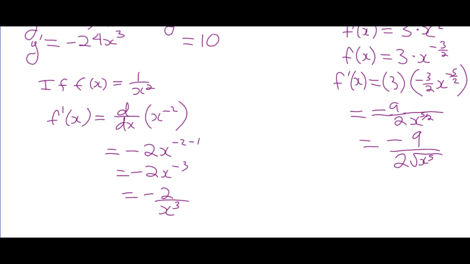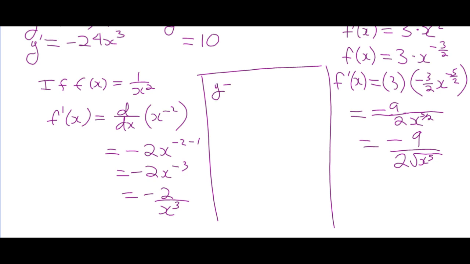Okay, here, let's squeeze one more in. If y is equal to the cube root of x squared, then dy by dx is equal to d by dx of the cube root of x squared. dy by dx is just another word for y prime, but we're saying it as dy by dx.